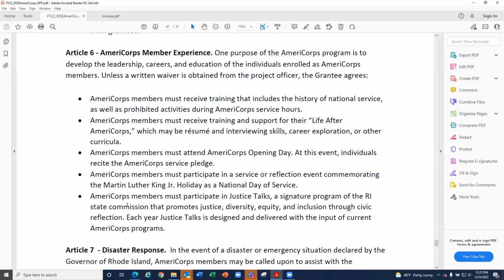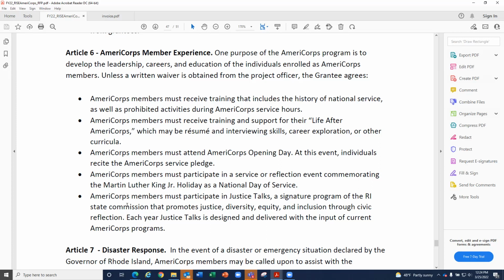One of those is we want every Americorps member to receive some training on what we often call Americorps 101, but a little bit about the history of Americorps, how they relate to other Americorps programs in the state of Rhode Island, and in particular, that there are some rules called prohibited activities that they are not allowed to participate in.